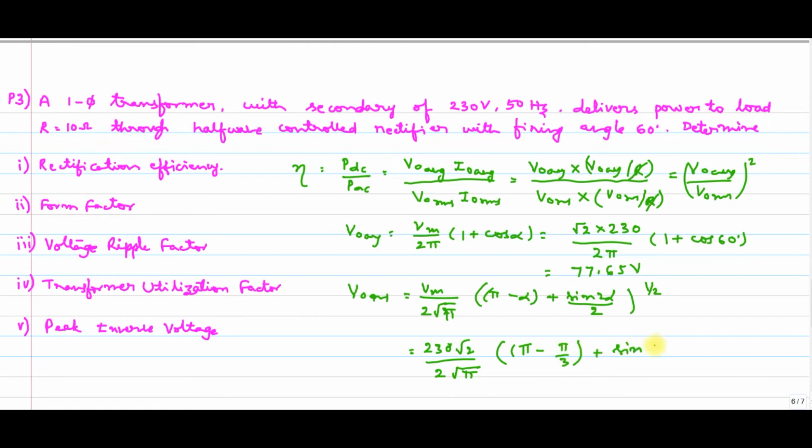Plus sine 2 alpha, which is 120 degree, divided by 2, whole power 1 by 2. Using the calculator, the value comes around 145.873 volt.